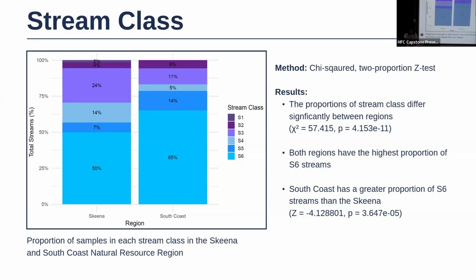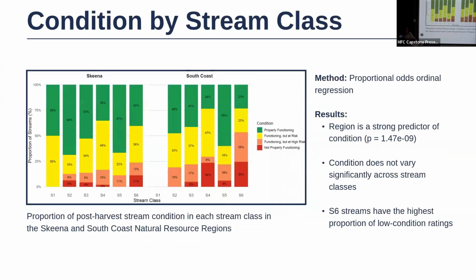But results of a z-test show that the South Coast does have a significantly higher proportion of S6 streams compared to that of the Skeena. Putting these three variables together, I used a proportional odds regression. I did expect to see that S6 streams have significantly worse condition compared to all other stream classes because they do receive the least amount of protection.